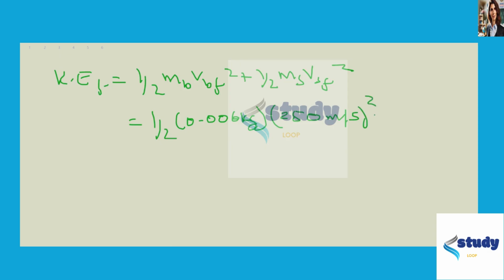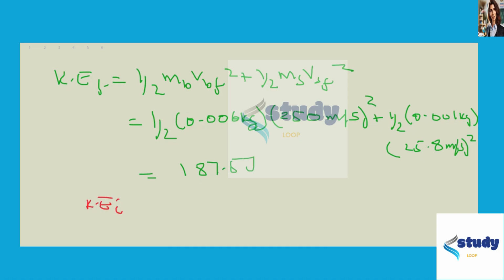We want to square that, and then plus 1/2 mass of stone, 0.001 kilograms, and then times final velocity of the stone, which is 25.8 meters per second. We want to square that. If you plug in the numbers, you get 187.5 joules.